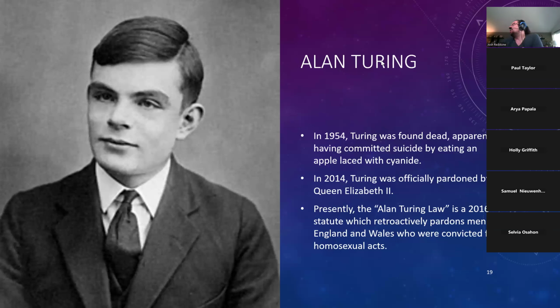Was Turing possibly on the spectrum? Possibly. We don't know. The diagnosis didn't exist at that time. And there are things about him which make you think, yeah, he might have been on the spectrum. But playing him so stereotypically, I was not a fan of, right?